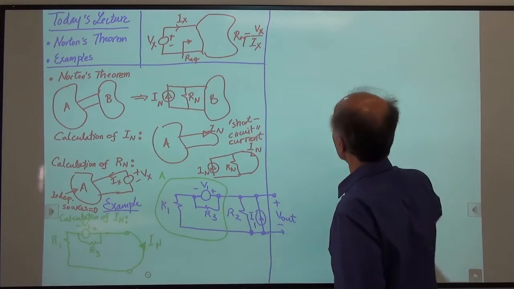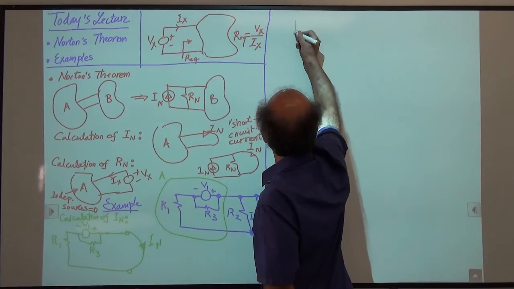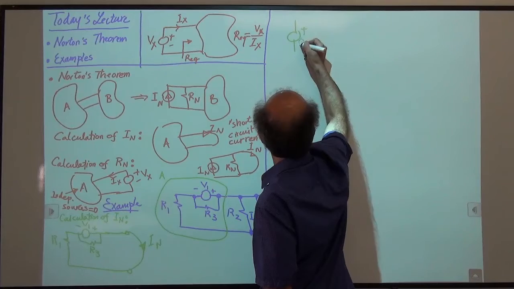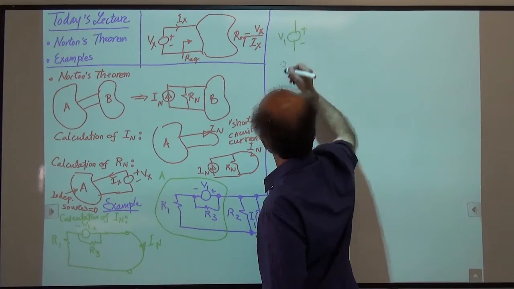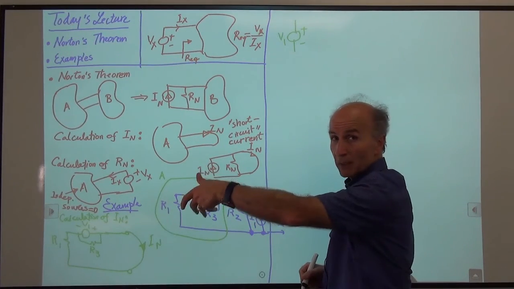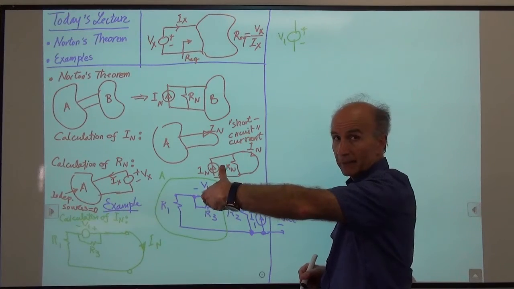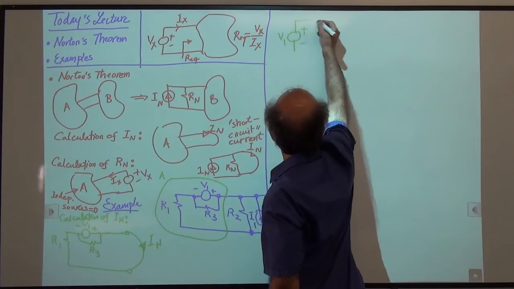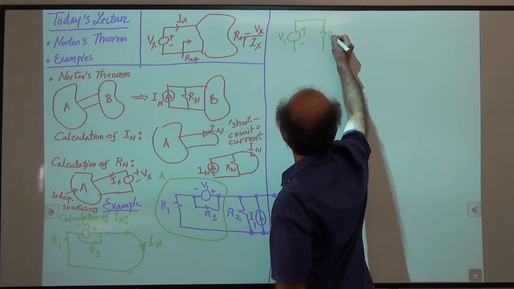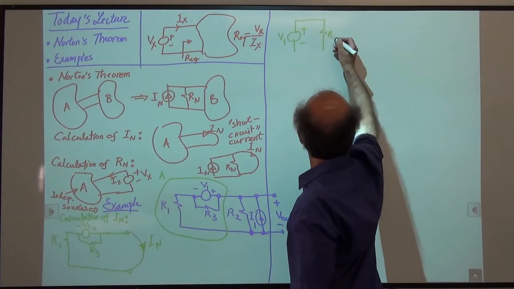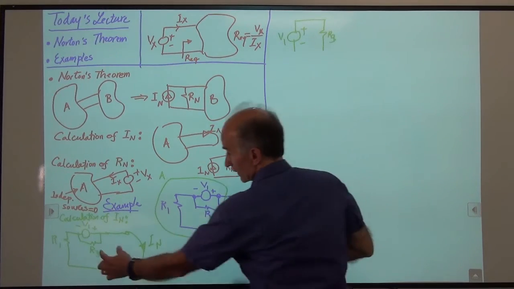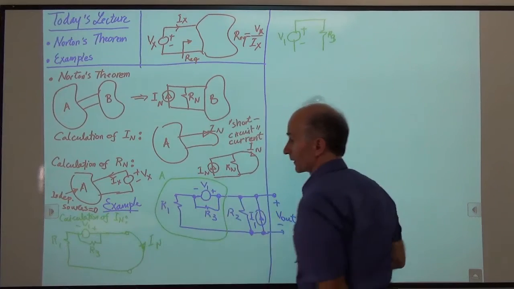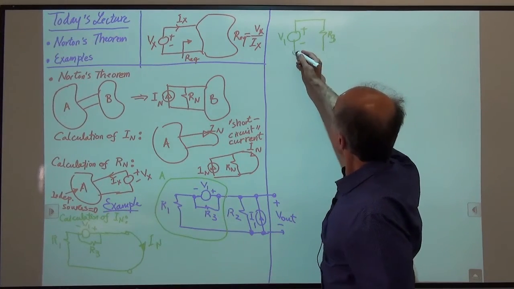So let's draw that like so. So here's my voltage source. I'm going to draw it this way because it's a little more intuitive. V1. I turn things counterclockwise by 90 degrees. And then I have R1, R3. That's this resistor. So I just took these and turned them by 90 degrees. All right.